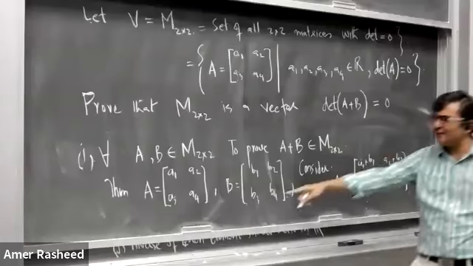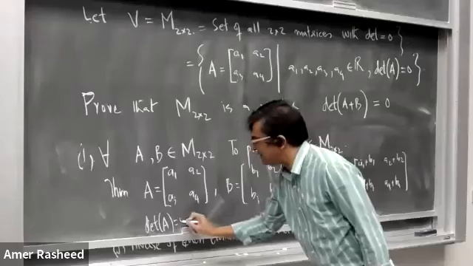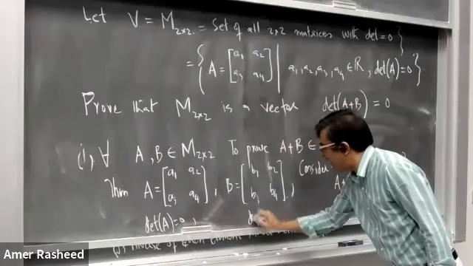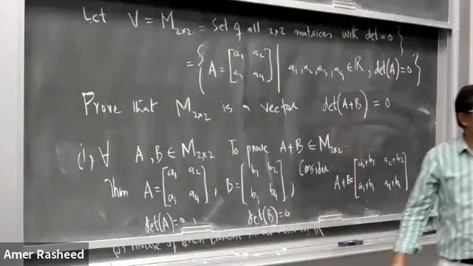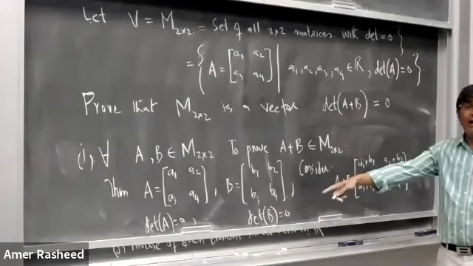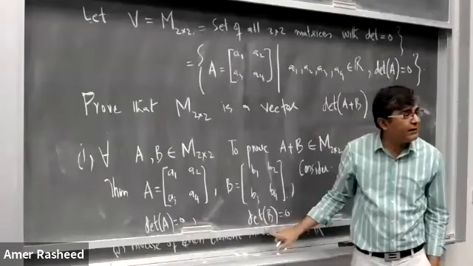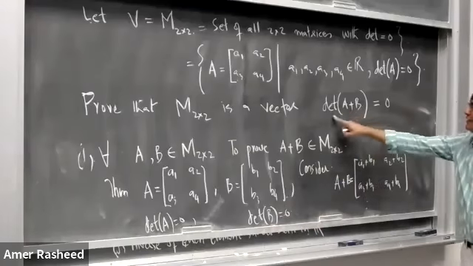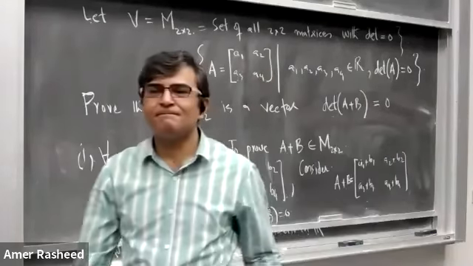Where we know that determinant of A is 0 और determinant of B is again 0. Can we, with this information that determinant of A is 0 and determinant of B is 0, can we prove that determinant of A plus B is 0? कैसे prove कर सकते हैं?